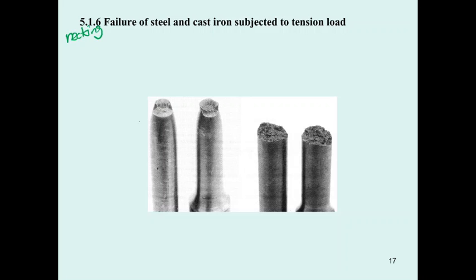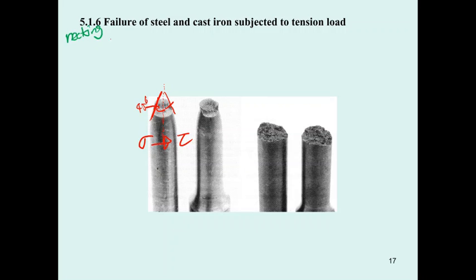And then at the failure, the cross section of the steel is going to fail in this manner. The necking produces a failure plane like this, and the angle here is about 45 degrees. That means this steel was subjected to normal stress, however it failed by shear stress.